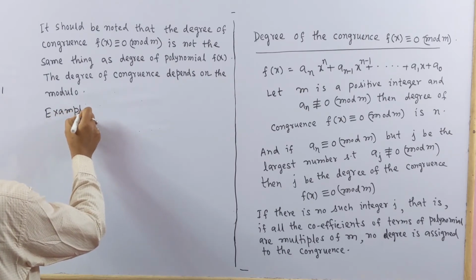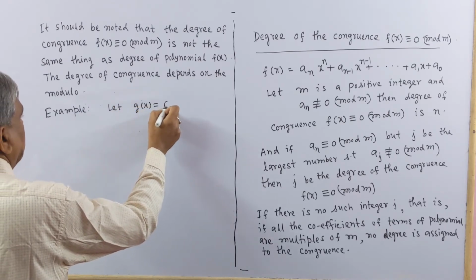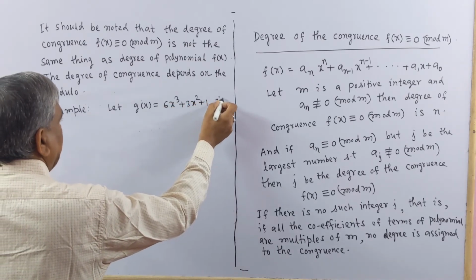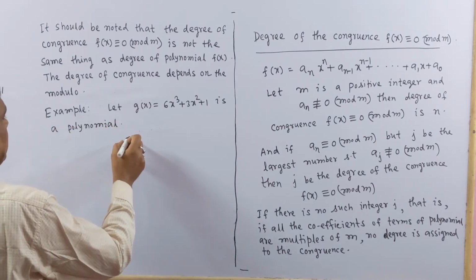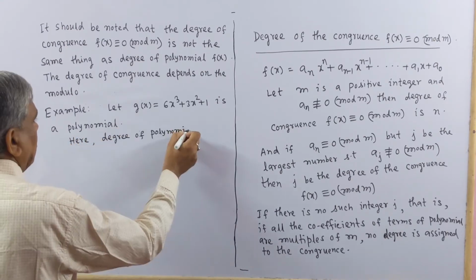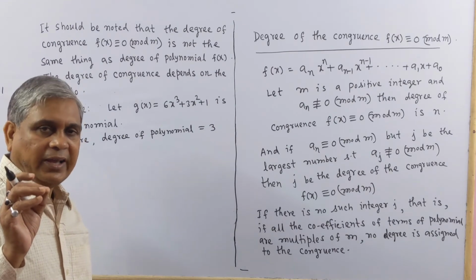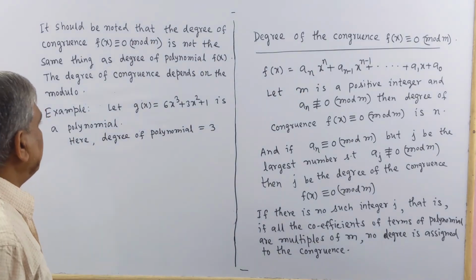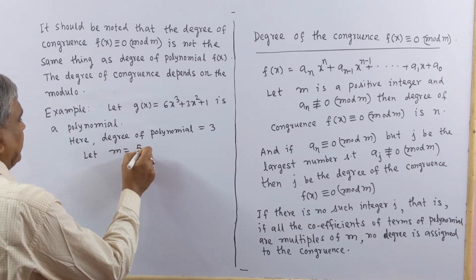Example. Let g(x) = 6x³ + 3x² + 1 be a polynomial. Here the degree of the polynomial is 3, since the highest power of variable x is 3. Let m = 5.